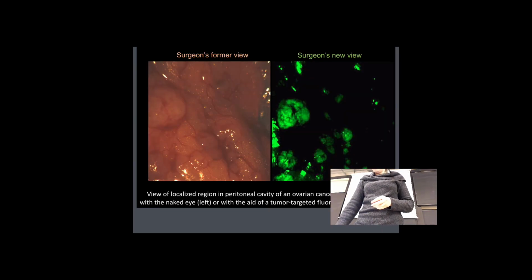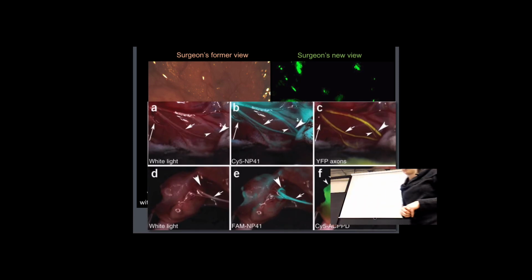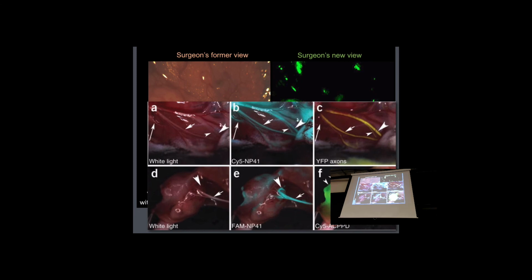And besides having fun in the lab, it's quite useful for surgeons. So this is a view of what a surgeon sees when they're trying to remove a tumor in ovarian tissue. If you look under white light, surgeons are trained, right? But it's really quite difficult to know what you want to remove or what you don't want to remove.